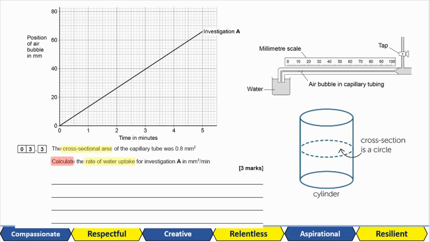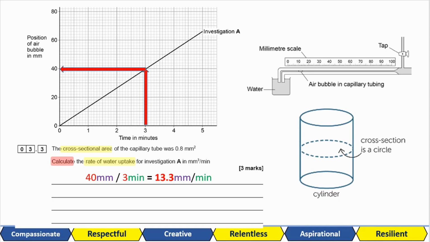From this we can calculate the rate of water uptake for the first investigation. Since this is a straight line, we can use any point along our line, and the easiest to use looks like this one here, where the two bold lines meet. That corresponds to 3 minutes on our x-axis and 40 millimeters on our y-axis. So 40 millimeters over 3 minutes gives us 13.3 millimeters per minute.